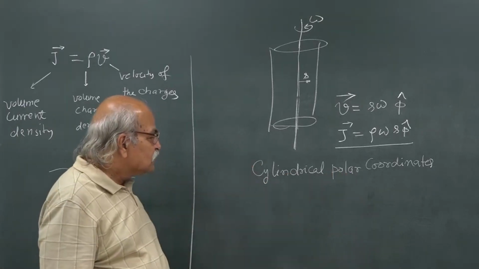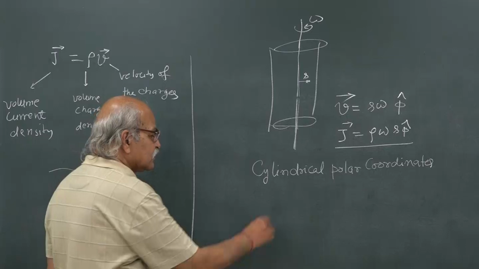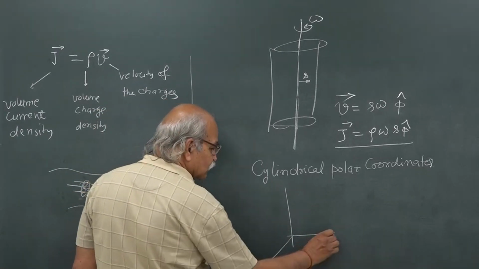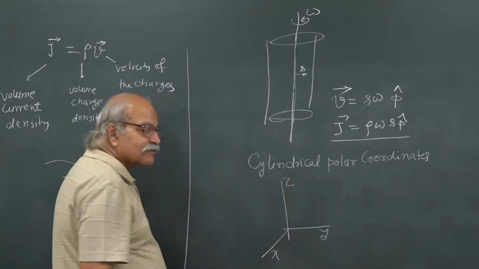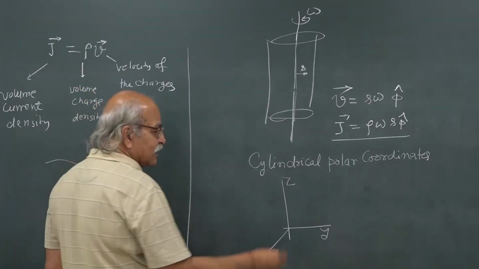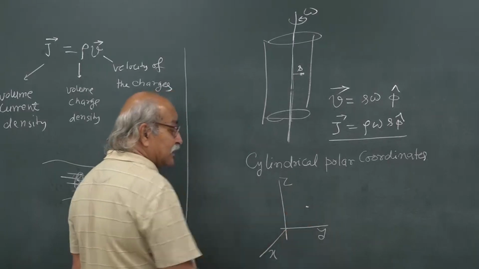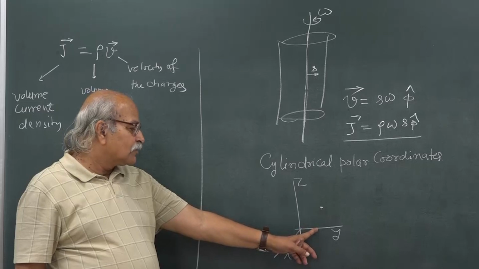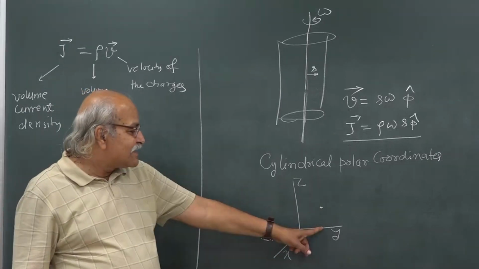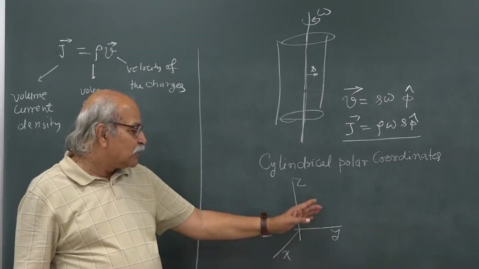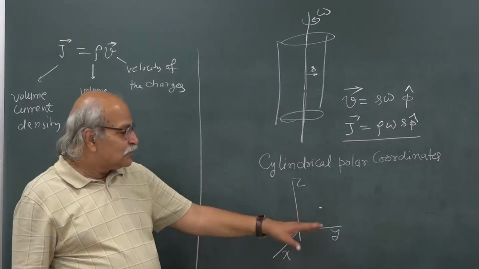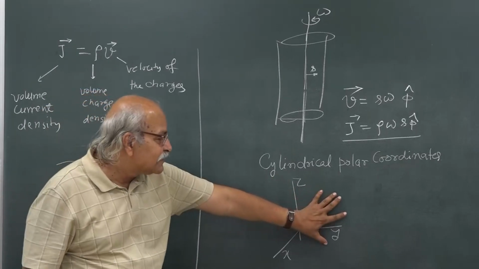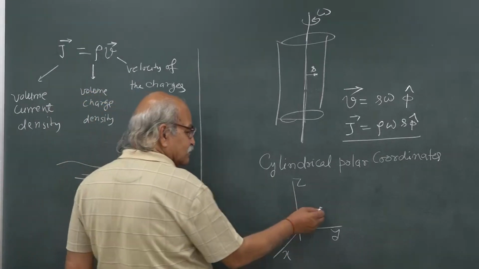Just to revise, you have x, y, z axes, say this is x axis, this is y axis, this is z axis, and you take any point in the space, not in the plane of the board. The way it is drawn, the plane of the board is the yz plane, but you can have points outside the board also, or on the other side of the board also. So, this point is not necessarily on this plane.